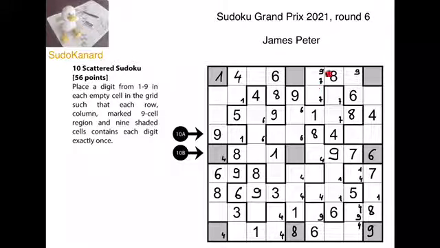And it impacts this region because we see one is not here, it's not here. 3 positions. Yes, I don't think any one of those positions can be ruled out. So we get those, and I don't think there's any more that can be done with this.